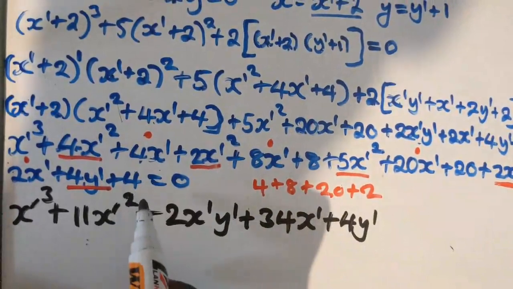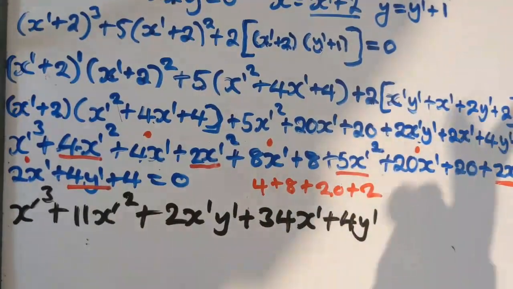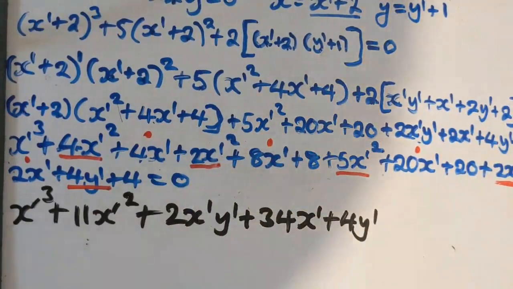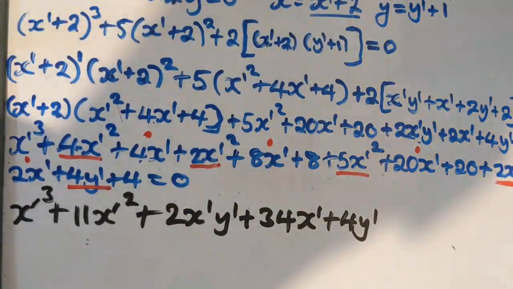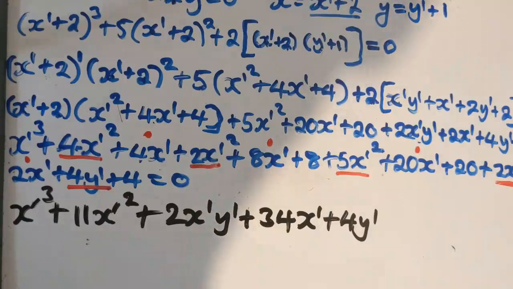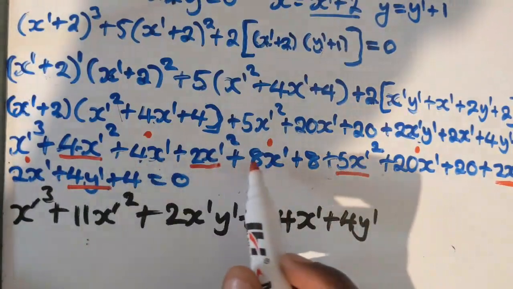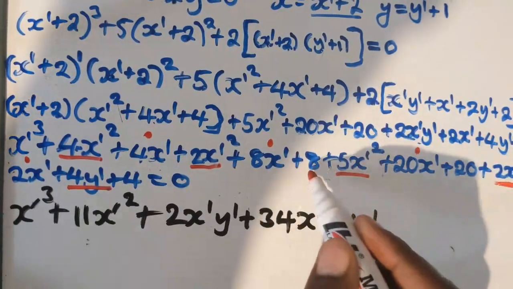Then from here, after doing that, you know that what has left is only those ones with no letters attached to them. So those ones with no letters attached to them, let's check. We have 8 here.